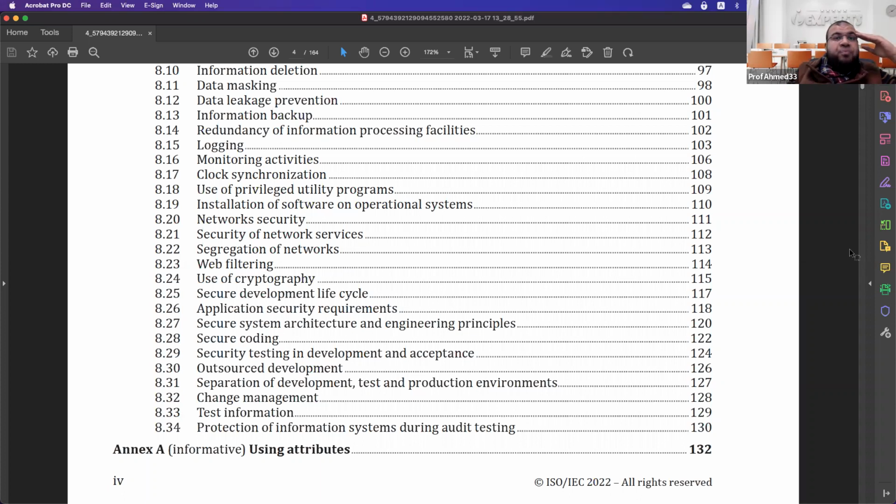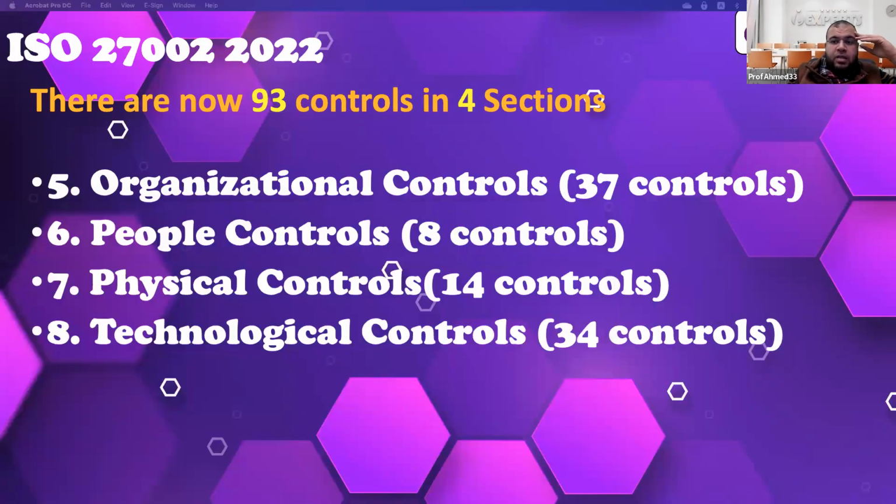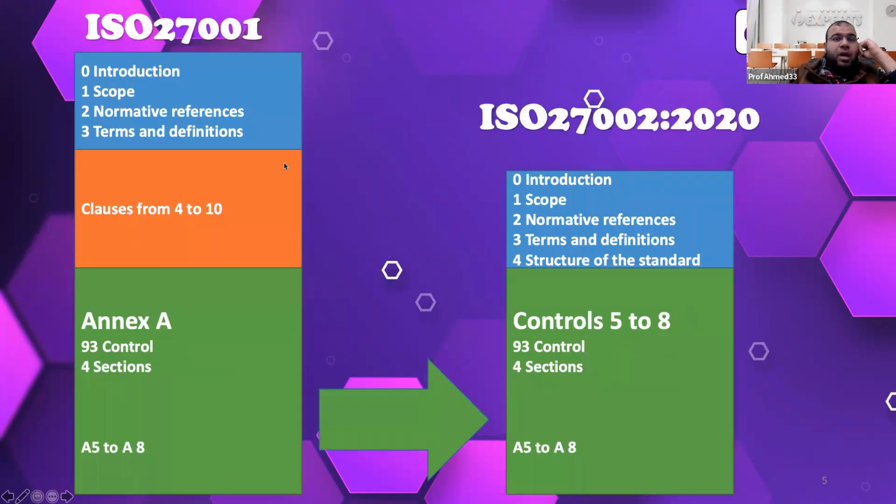At the end of the day, these are the security controls that exist in ISO 27002:2022, which was just released, and this became the main structure of anybody that wants to be ISO compliant, or you must be compliant with the following sections of ISO 27001.